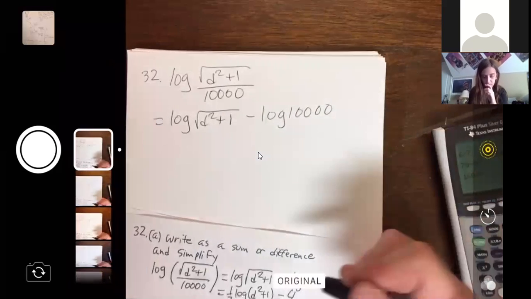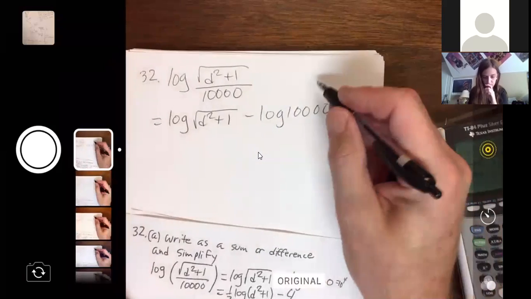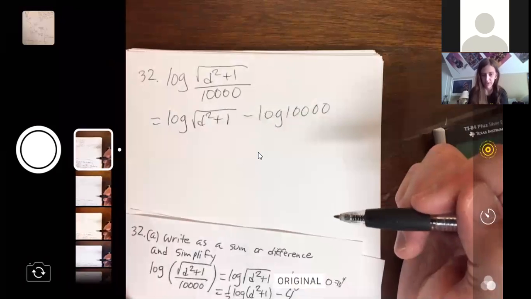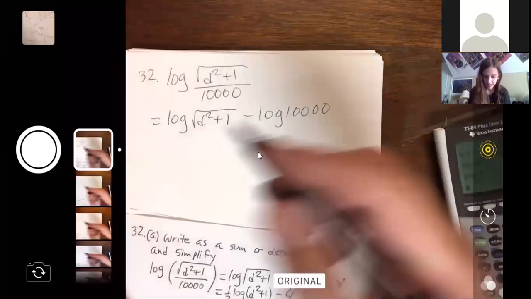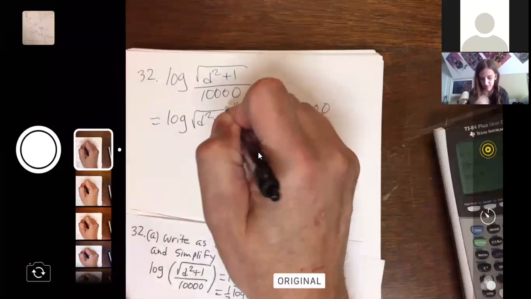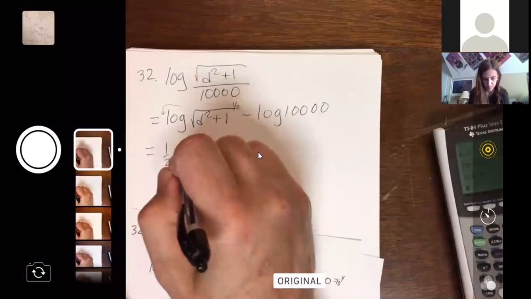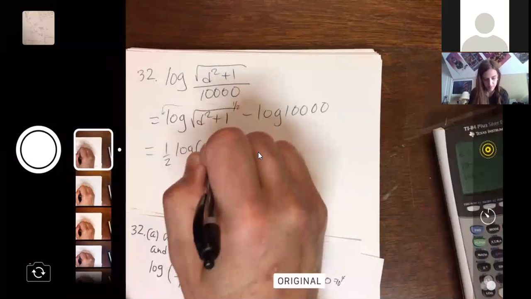They gave it to you in terms of A's and B's. Do I need to write the general formula down, or is this okay? That's okay. Okay. Well, then the square root is a half power, so that's the third law. I can bring it to the front, so that's one half log of d squared plus 1.